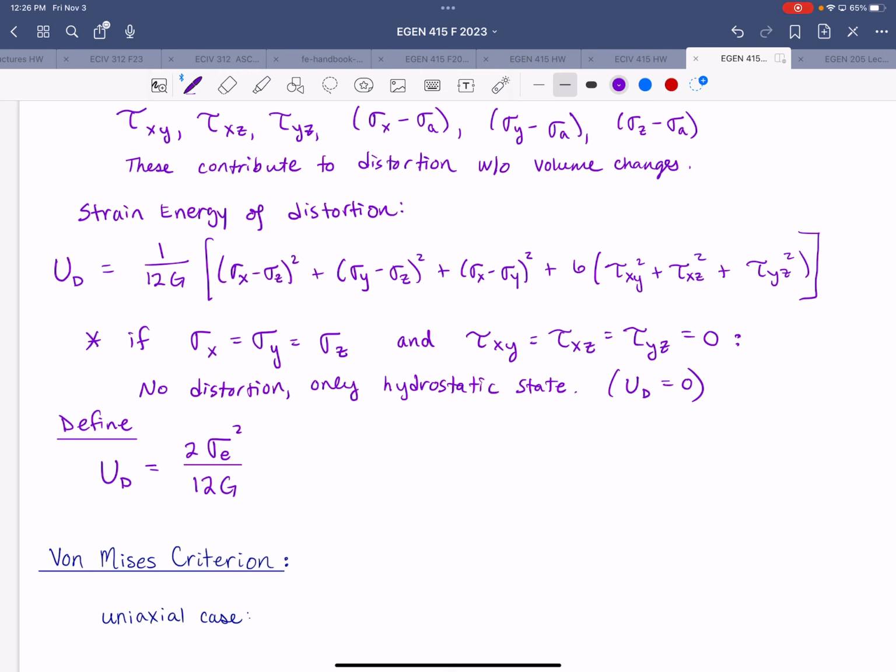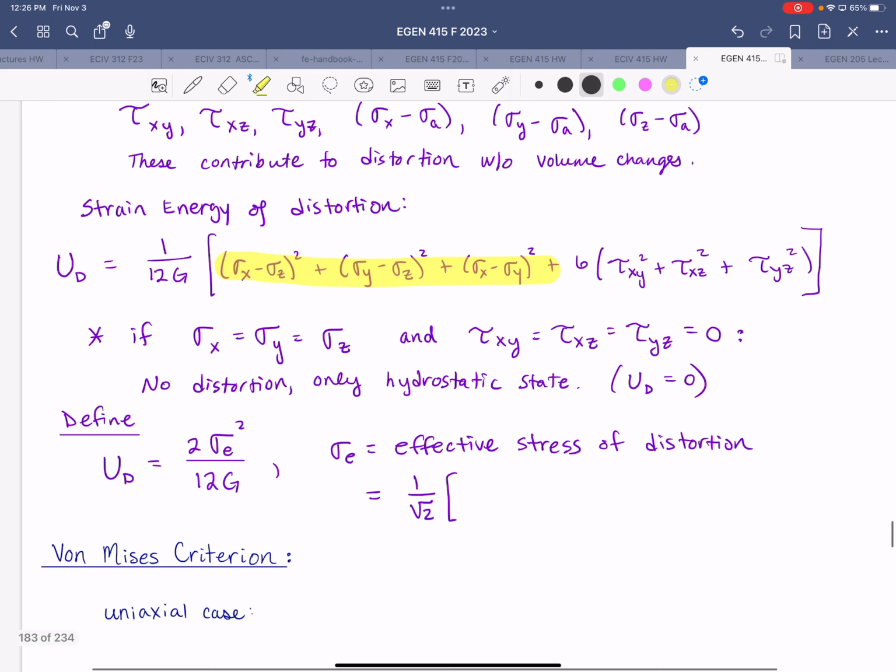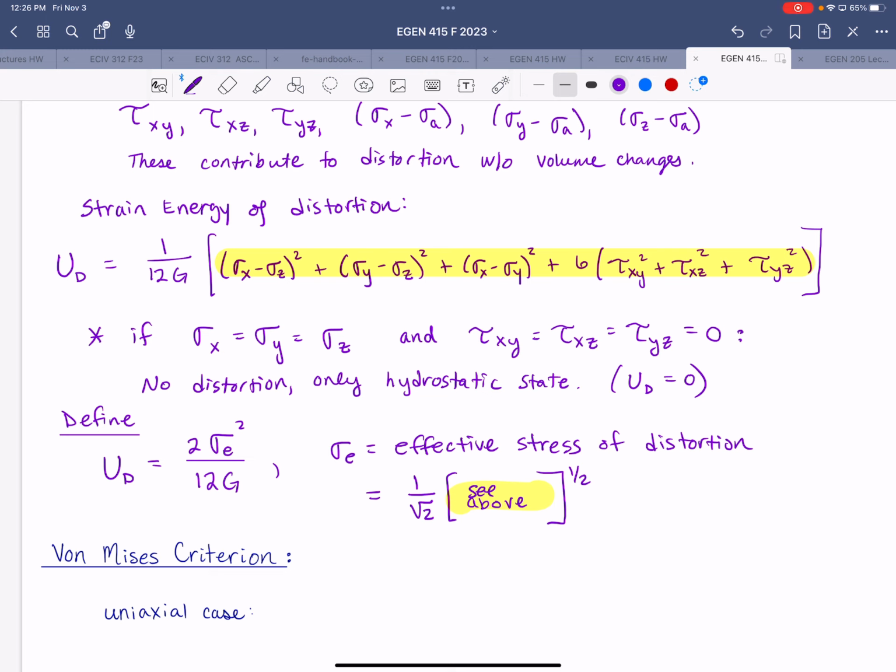All right, to simplify the above expression, where sigma E represents the effective stress of distortion, and that is going to be equal to 1 divided by the square root of 2 times, I'm not going to rewrite it for all of our sakes, but times this whole thing. And then the square root of that whole thing.